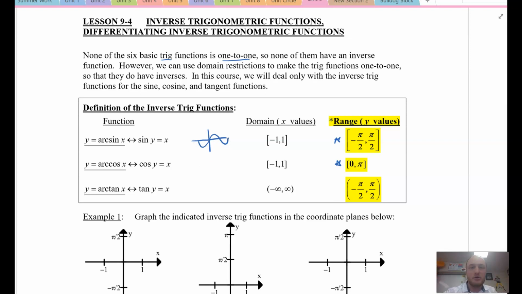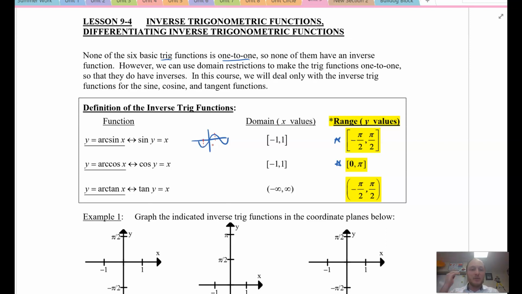So with the sine function we limit the domain from -pi/2 to pi/2, inclusive. That is our new range. With cosine, it is from 0 to pi, and with tangent or arctan, it is from -pi/2 to pi/2. So we can capture all those values.